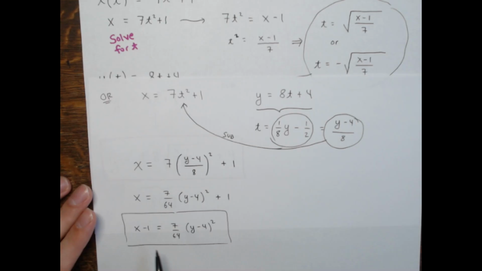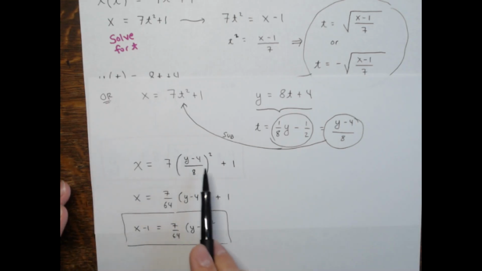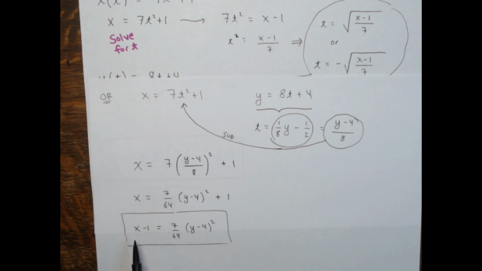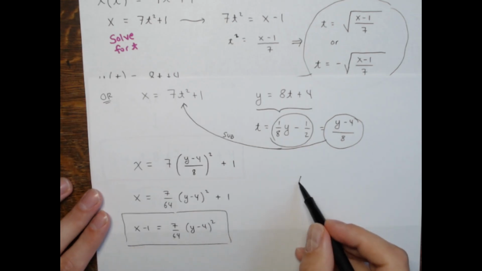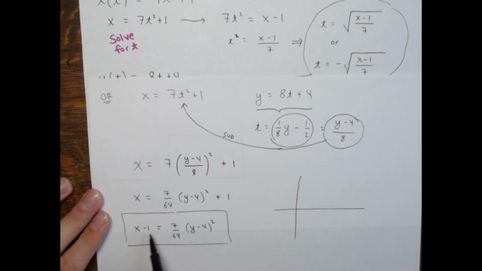Everything before this had just x and y in it, but this is one of the standard forms for a parabola. This would be a parabola where the vertex was at the point (1, 4), right? 1 for x, 4 for y.